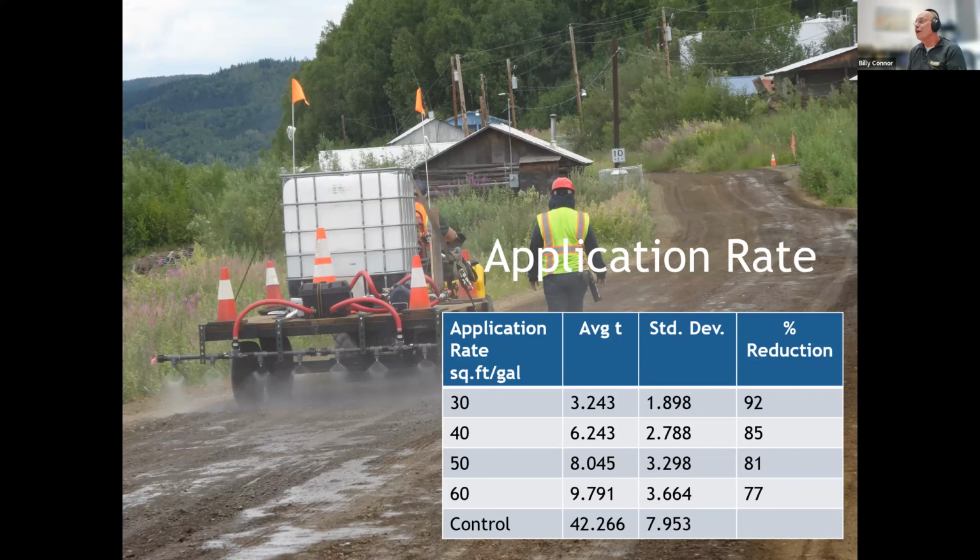But you'll see at 50 that this product doesn't meet that 85% standard, and at 60 it doesn't meet it, as you can imagine. So I would not recommend putting it down any lighter than 40 square feet per gallon.